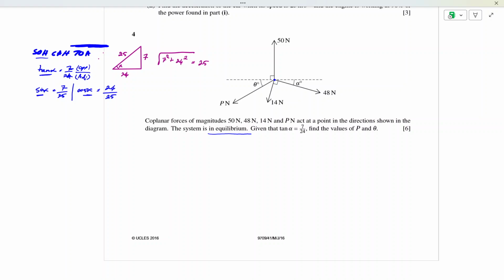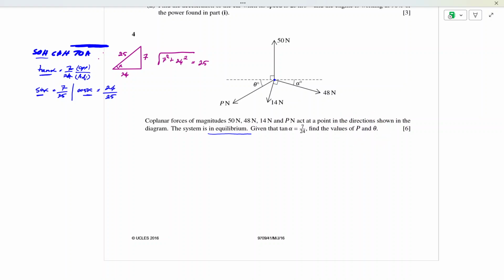It's equal to 0. So the force upwards and the force downwards are equal, right? And then that also means the force to the left and the force to the right are also equal. So I'm going to use that fact to make two equations, and then I'm going to solve simultaneously to get the values of p and theta.